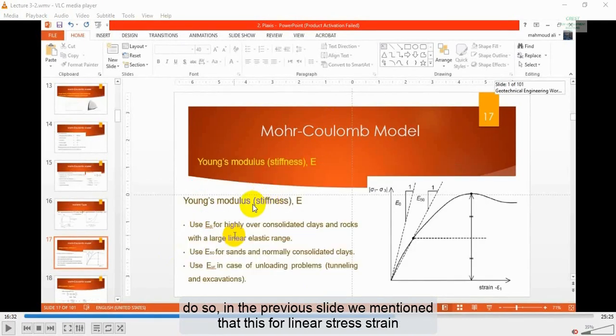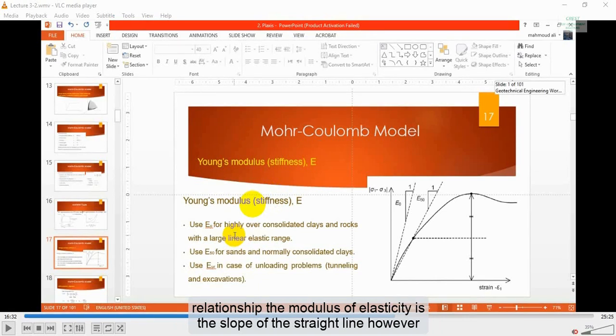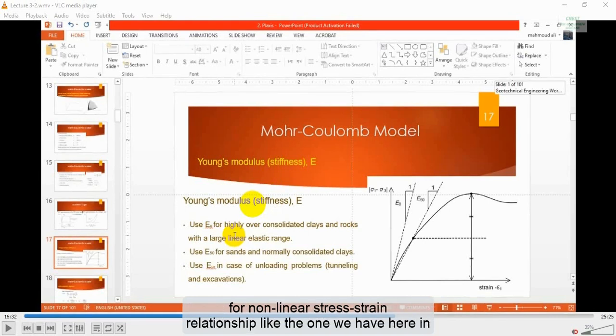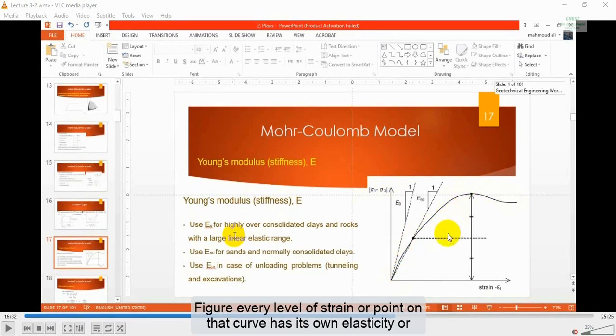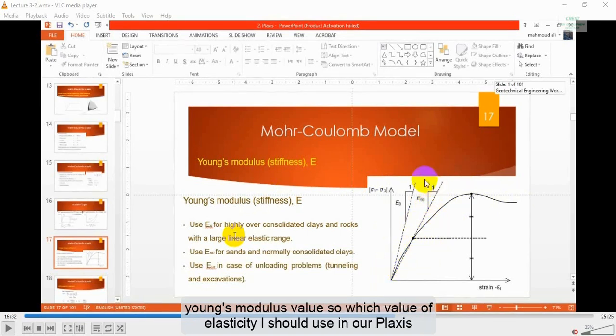In the previous slide, we mentioned that for a linear stress-strain relationship, the modulus of elasticity is the slope of the straight line. However, for a non-linear stress-strain relationship like the one we have here in the figure, every level of strain or point on that curve has its own elasticity or Young's modulus value. So, which value of elasticity should I use in our Plaxis model?